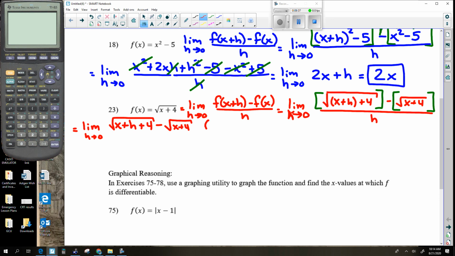What I'm going to multiply this numerator by is the square root of x plus h plus 4 plus the square root of x plus 4. Whatever I multiply the top by, I have to multiply the bottom.